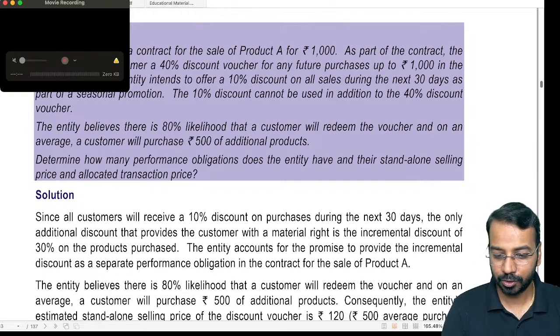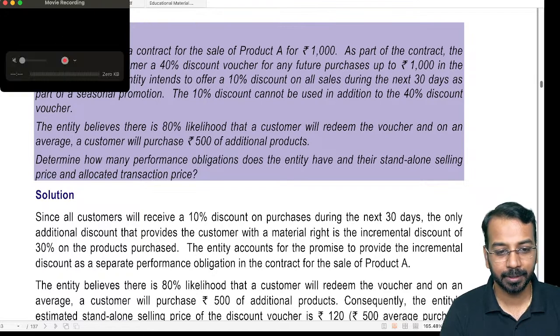Good. So are you able to pull up the requisite number of hours per day, whatever you thought you will do on a daily basis?